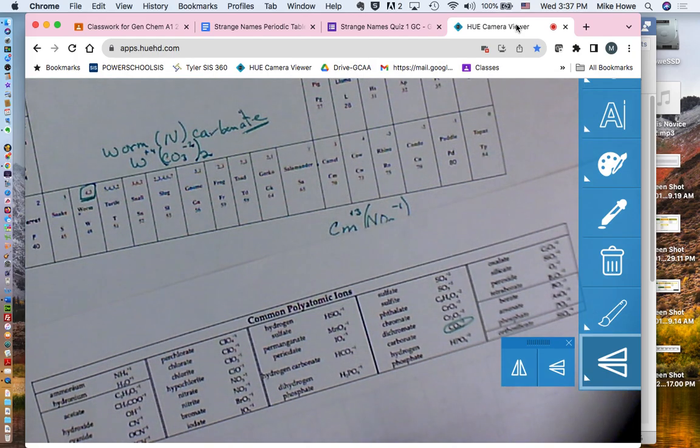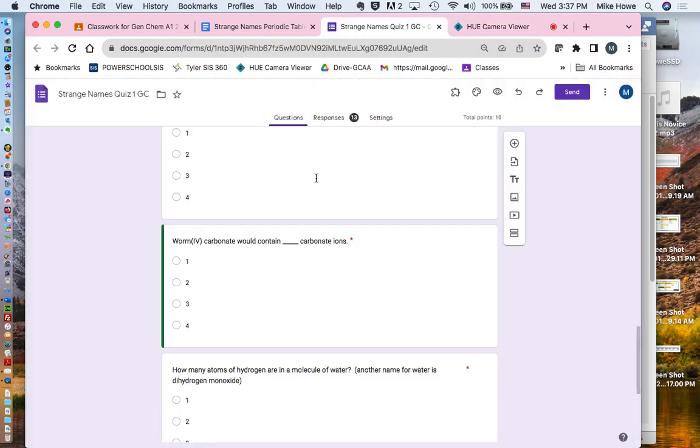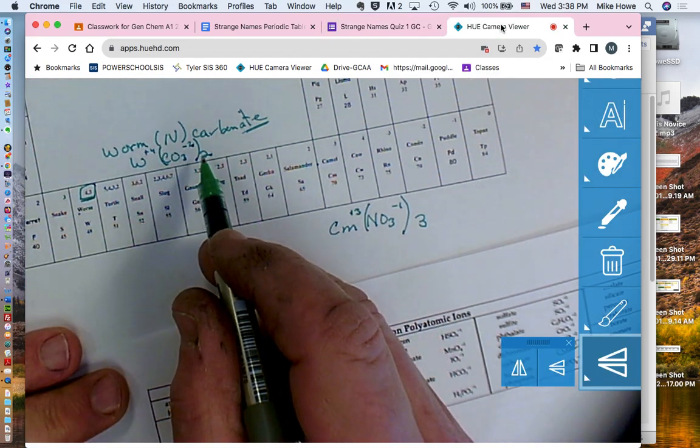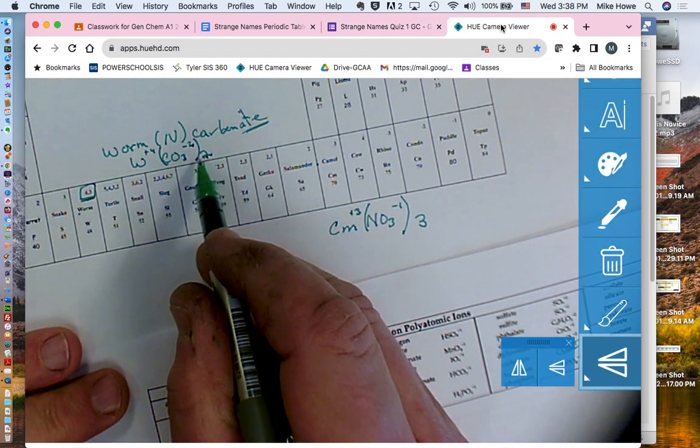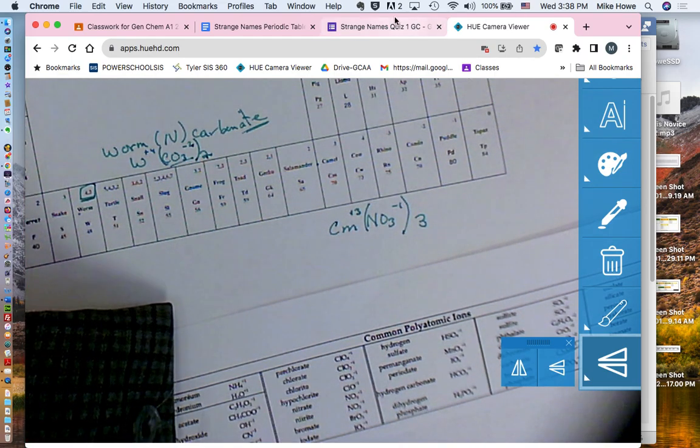So that would be our formula. Then the question said, how many carbonate ions would there be? The answer is 2, because in order to make the formula balance, we had to put a 2 down here. So 2 carbonate ions to match the worm +4.